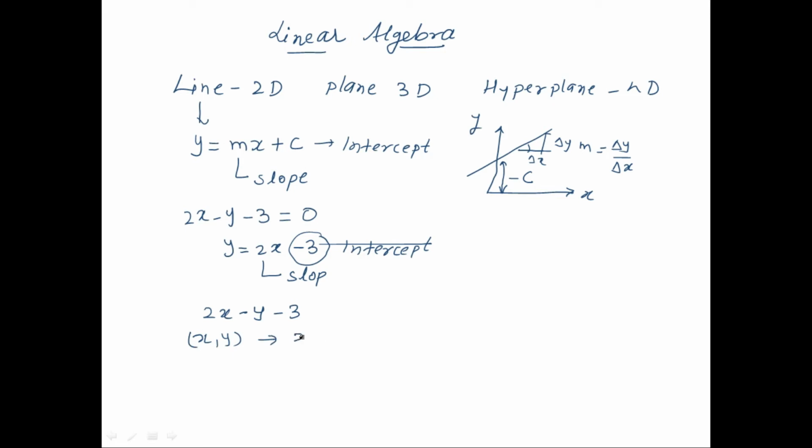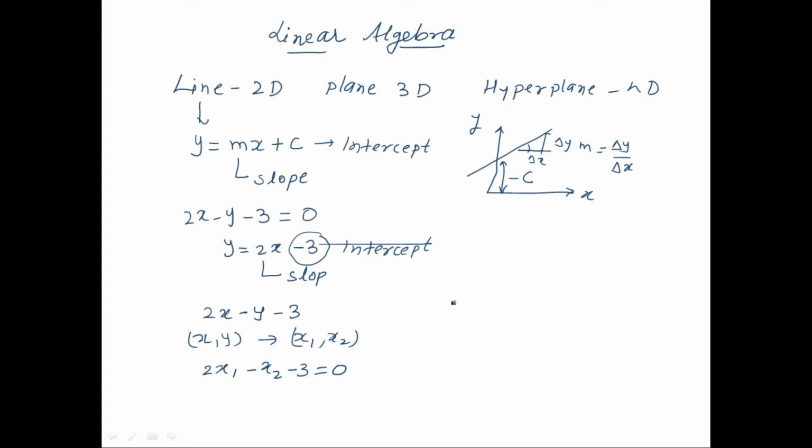We can write this as x1 and x2. Instead of using x and y, we will use the x1 axis and x2 axis. So the equation will be 2x1 minus x2 minus 3 equal to 0.